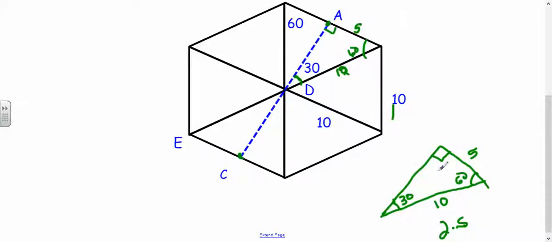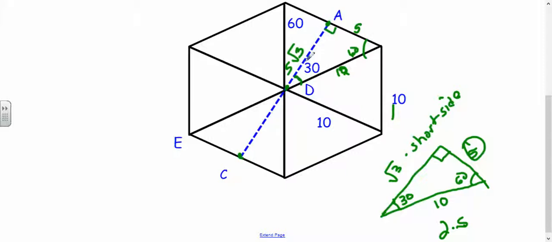Our long side across from the 60 is the square root of 3 times the short side. And how much was the short side? Right, it's 5. So AD to the center would be the square root of 3 times 5.